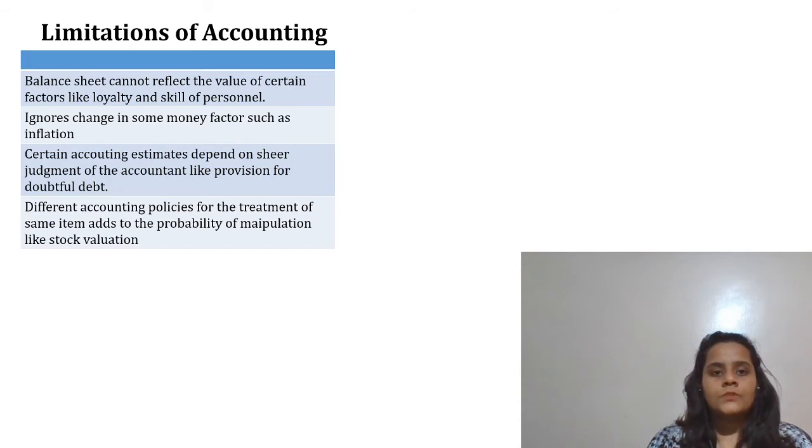So, accounting provides a lot of functions and fulfills a lot of objectives. But like everything has its own limitations, so does accounting. A few of the limitations are: while you can record the salary that is paid to a worker, you cannot record the experience or the skills of the personnel.